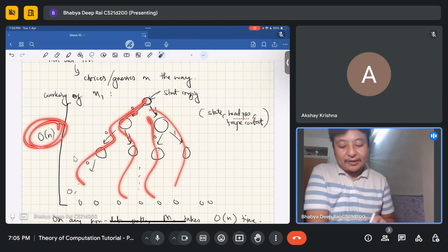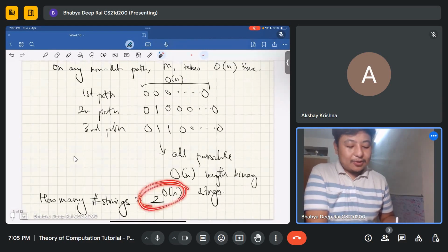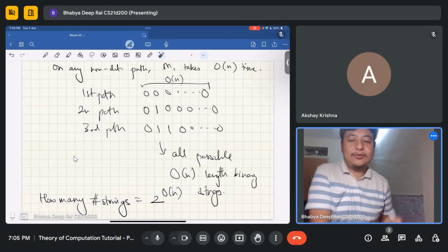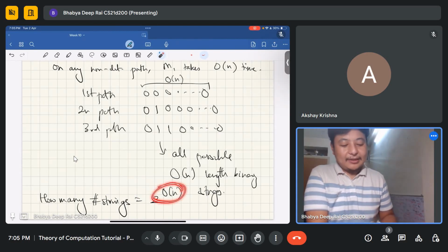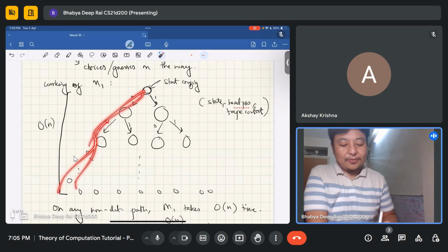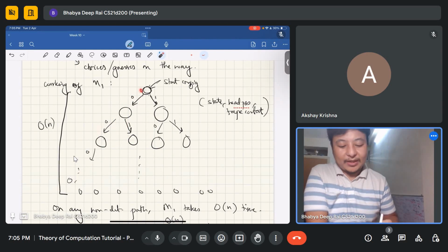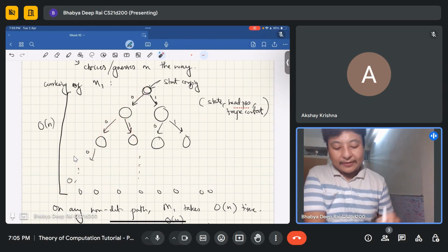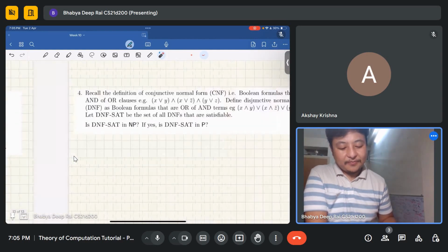If instead of order n it was taking some polynomial time, then I need to explore 2 to the polynomial many paths, or certificates, in other words, because it can make so many non-deterministic choices. I'm just exploring each one of them, going brute force. How many of these paths are possible? 2 to the polynomial in our case. So this takes exponential time.